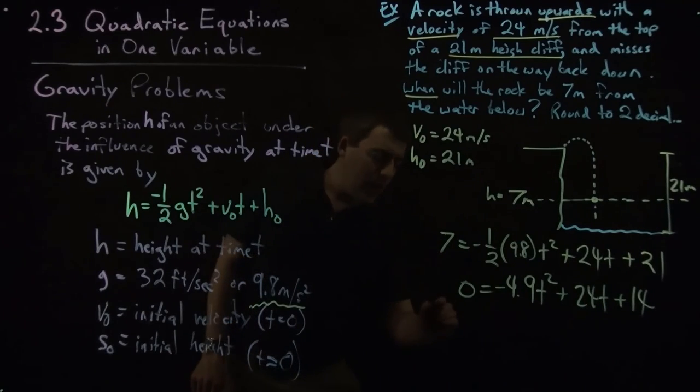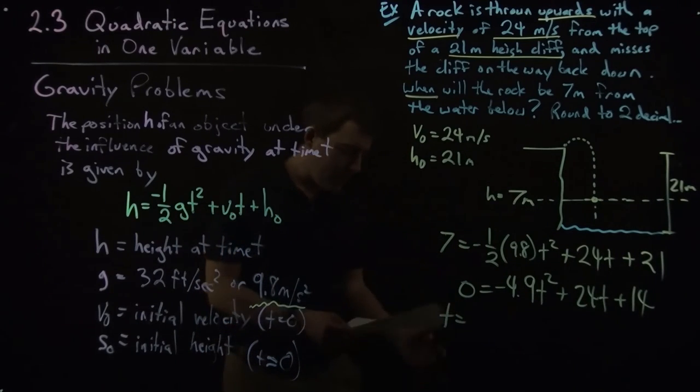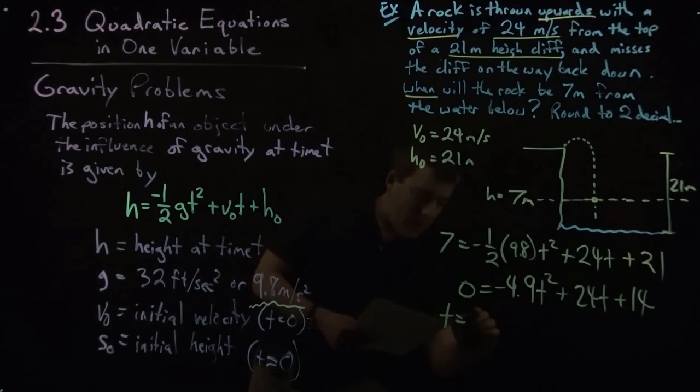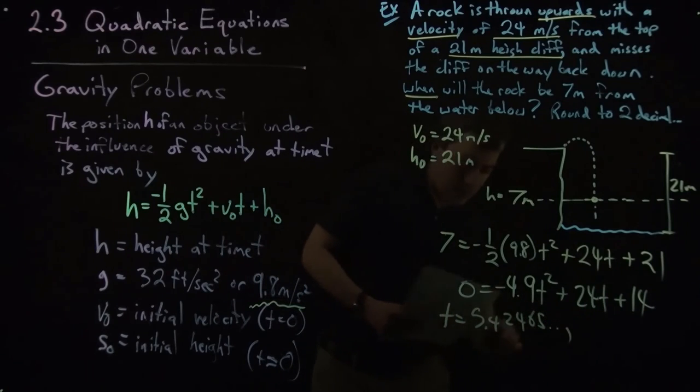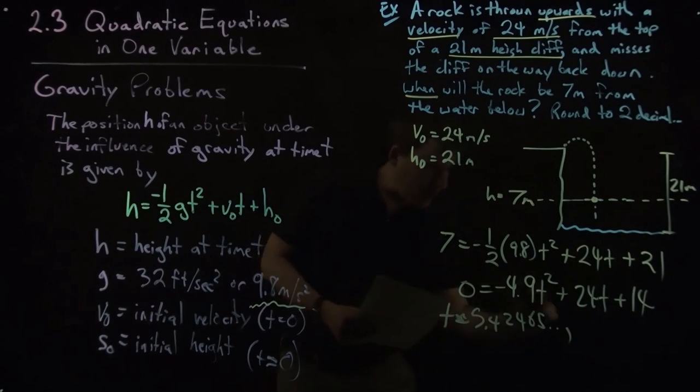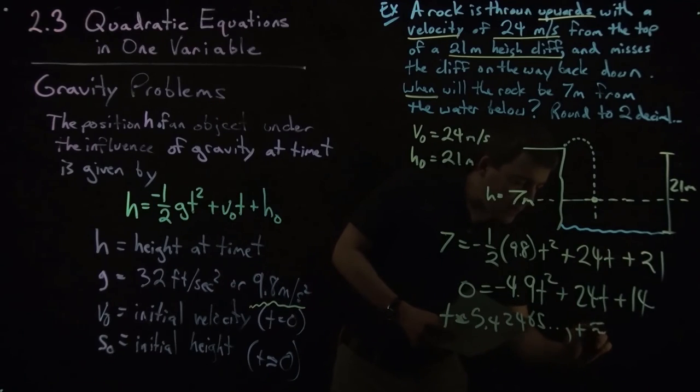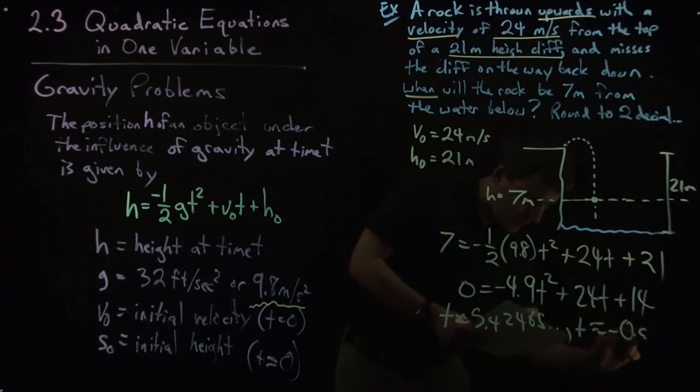Okay, you should have gotten 2 answers. The first answer, t approximately equal to 5.42465, and so on, and t approximately equal to negative 0.526696.